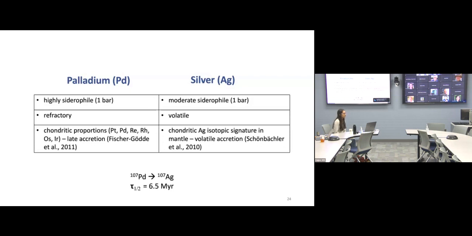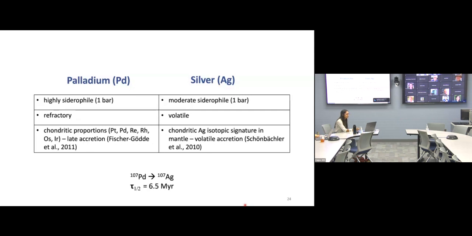These two elements have varying degrees of iron-loving behavior. Palladium really likes to be in core forming material, silver not so much. Silver additionally is a moderate volatile, so it has a low condensation temperature, not as low as the highly volatiles. If we can figure out when silver accreted, that might help us understand when other volatiles accreted, or that's the idea.